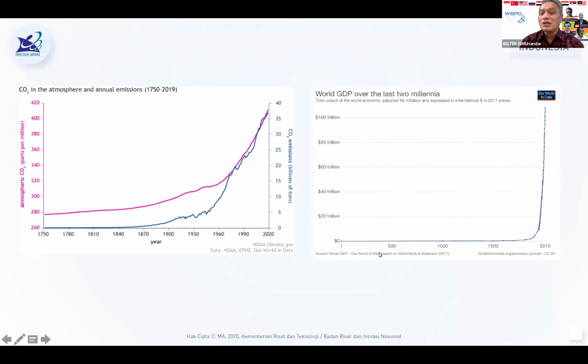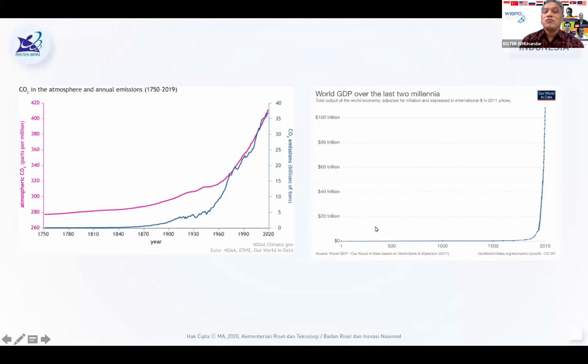For a long time in history, the whole world was very poor, but suddenly we are getting very rich in terms of gross domestic product. If we plot the world population throughout history, it is more or less the same.